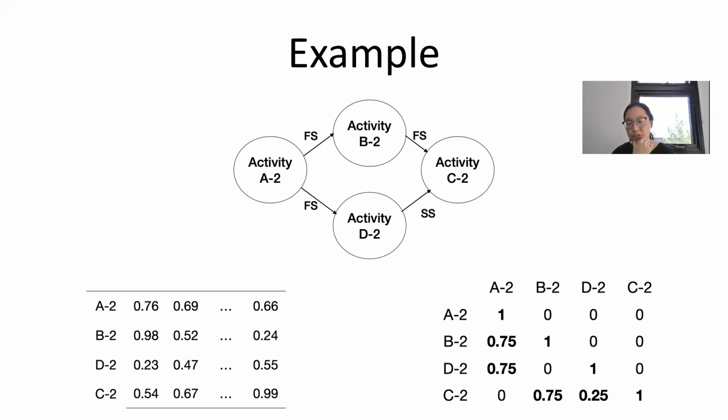For example, the finish to start has shown 3 out of 4 times in these sample projects, whereas the start to start logic link has only shown once. So therefore, the value between C2 and D2 is 0.25.